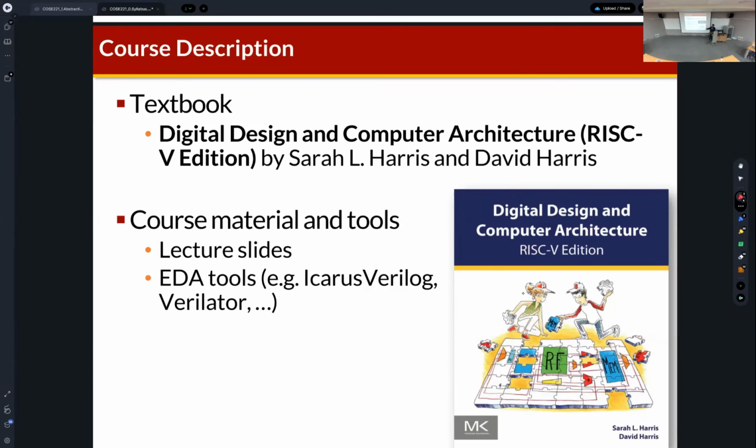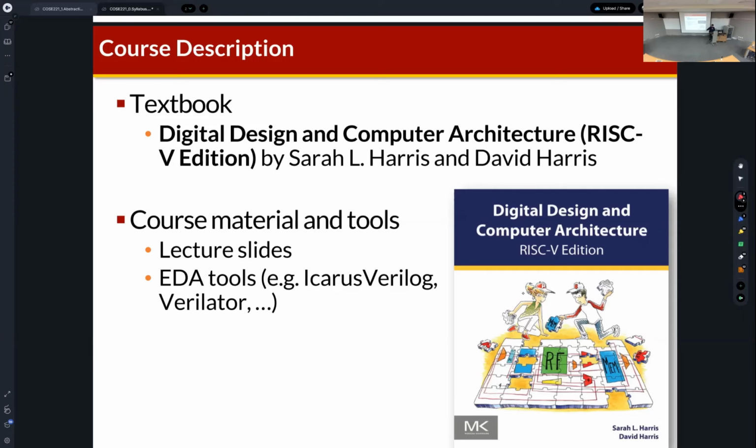There are many editions, such as the ARM edition or the MIPS edition, but in this course, we will use the RISC-V edition. And in the computer architecture course, we will learn about RISC-V processors.